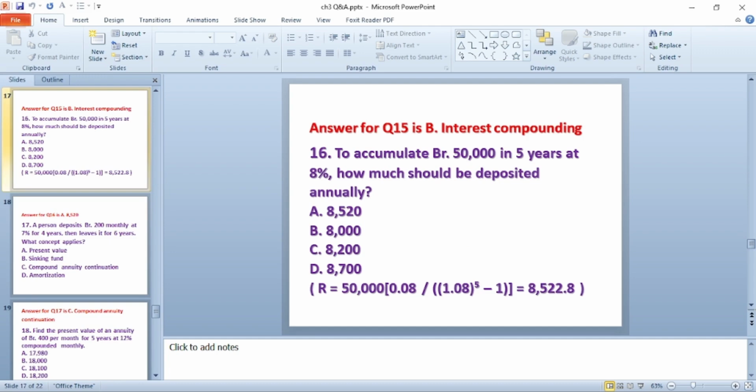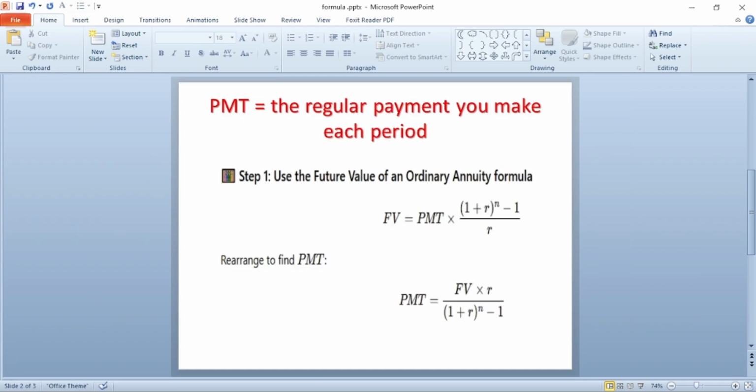Question number 16. To accumulate BIR 50,000 in 5 years at 8%, how much should be deposited annually? The regular payment you make each period can be calculated by deriving a formula from the future value of an ordinary annuity.